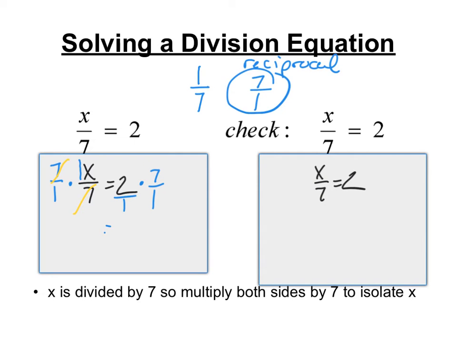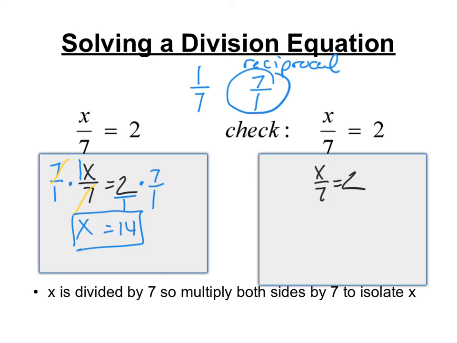So this is going to leave me with an x on this side. And on the other side, I have 2 times 7, and 2 times 7 is 14. Now 1 times 1 is 1, and I could put 14 over 1, but we're going to leave it as just 14. Now we have our solution, x is equal to 14.